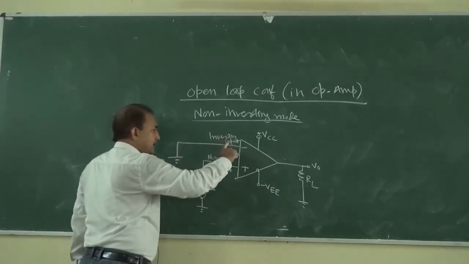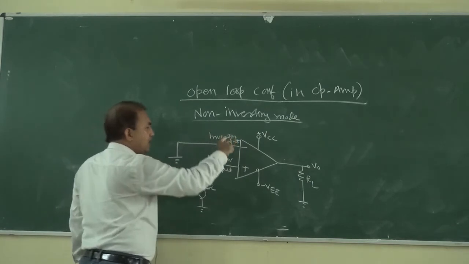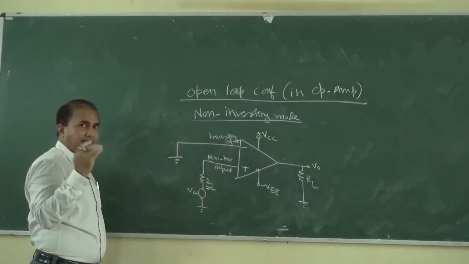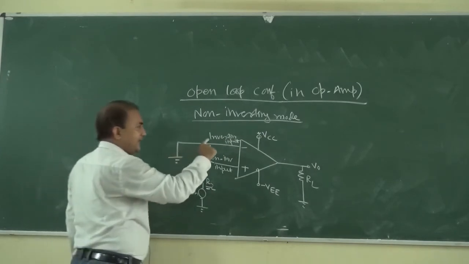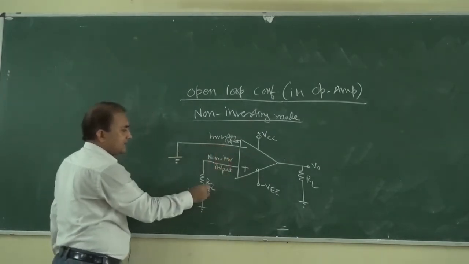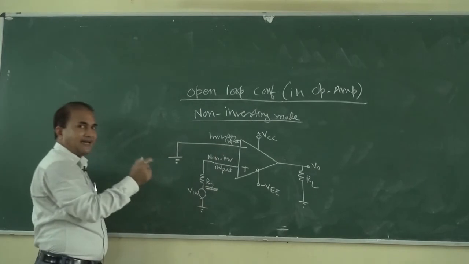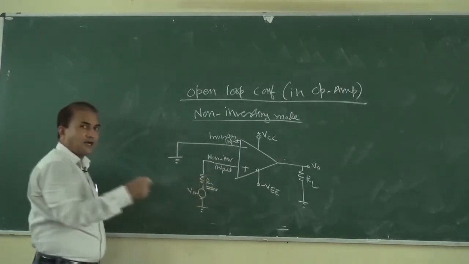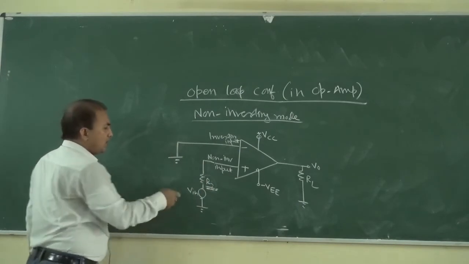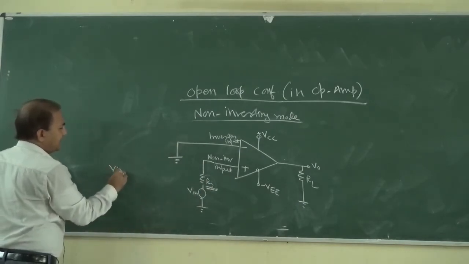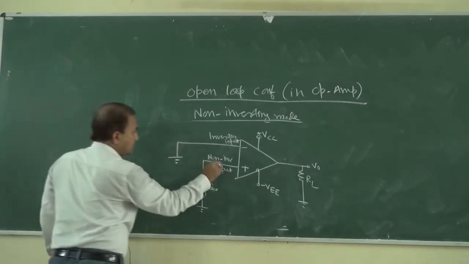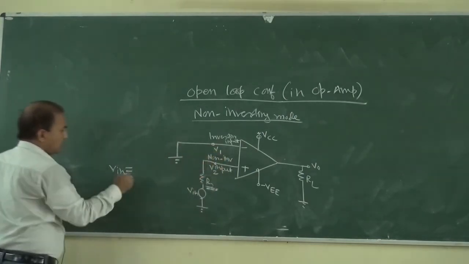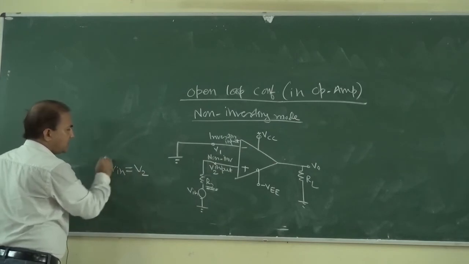Because the input resistance of this operational amplifier is very high, in comparison with it this resistance is very less. So the voltage drop across R2 is almost equal to 0. So we can say that, suppose this is V2 and suppose this is V1, Vin is equal to V2.